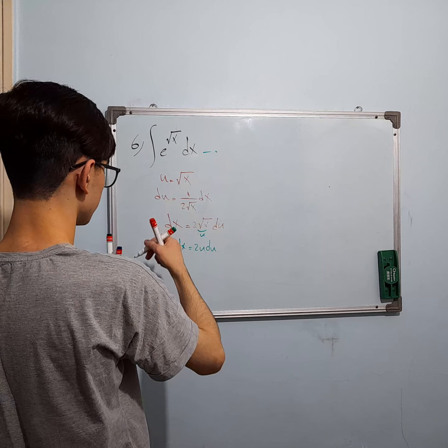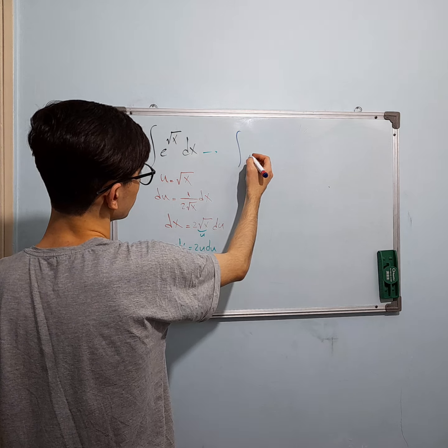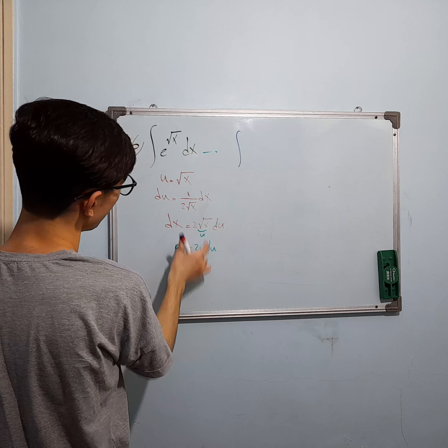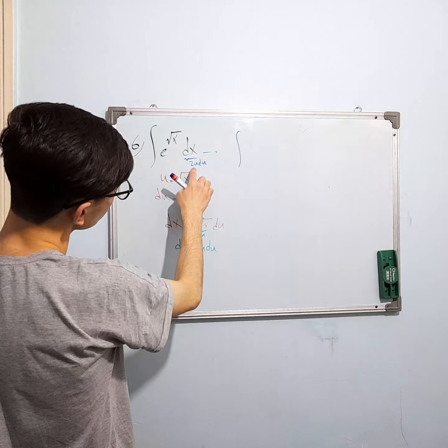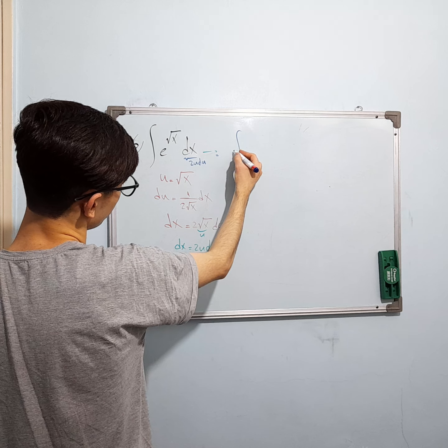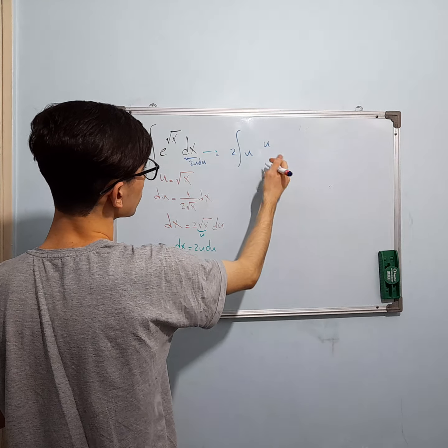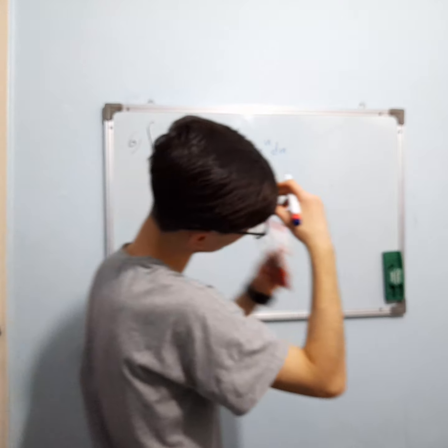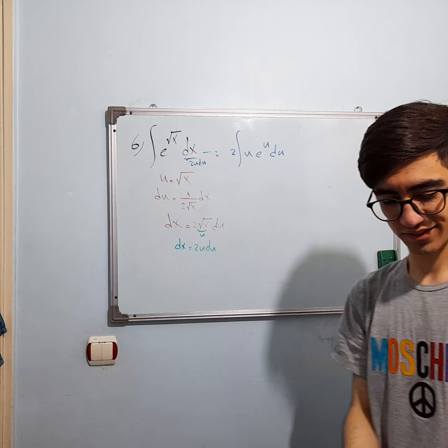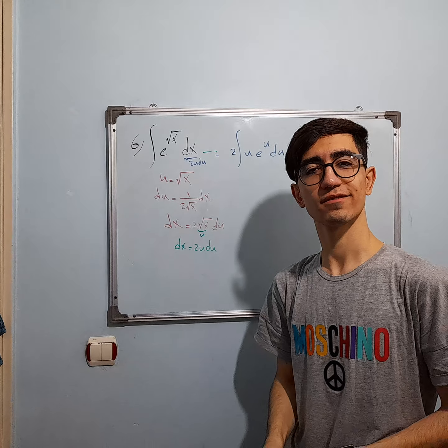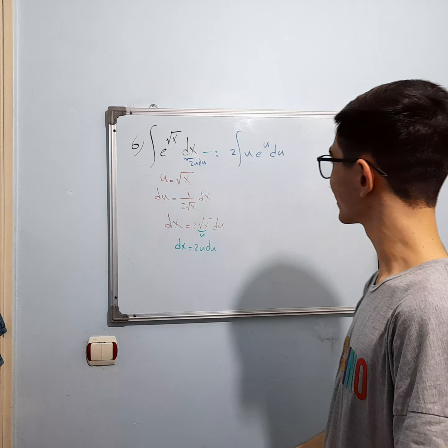Now here we have the integral of e to the u times dx, which is 2u du. I prefer to bring the 2 behind the integral, so u e to the u du. Oh guys, another integration by parts. It's so useful. You see, everywhere you're using it.